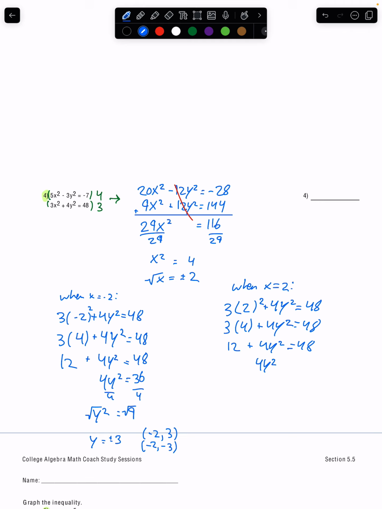And we subtract. Then we divide. Which means y is plus or minus 3. So again, we're going to have 2 points. We're going to have +2, -3, +2, +3. And those will be all of our answers.